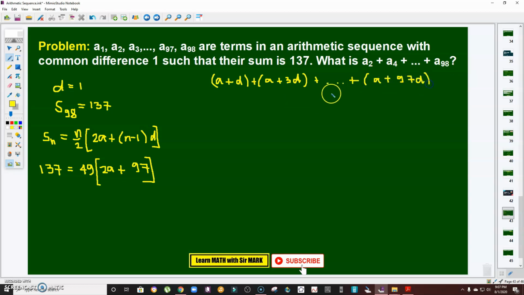Since a sub 2 up to a sub 98, there are actually 49 terms. Agree? Because a sub 2 up to a sub 100 would be 50 terms, but since it's only up to a sub 98, there are 49 terms. So there are 49a.